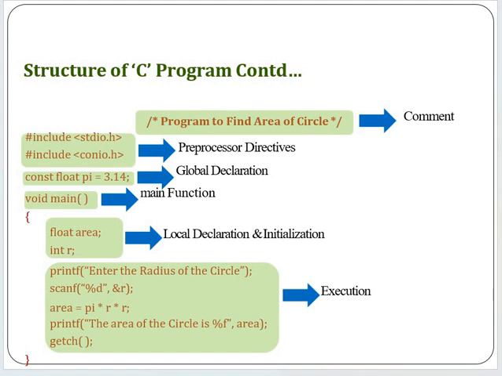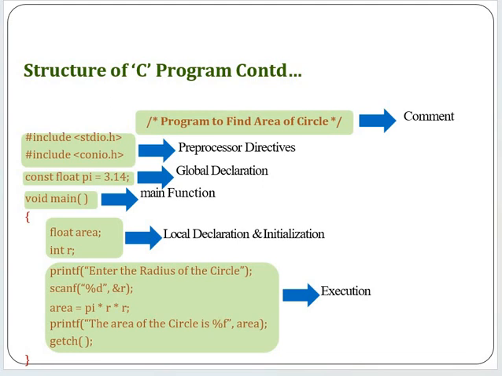Void indicates that the function does not return any value. Local declaration and initialization. Float area declares a floating point variable area to store the calculated area. And then int r declares an integer variable r to store the radius of the circle.